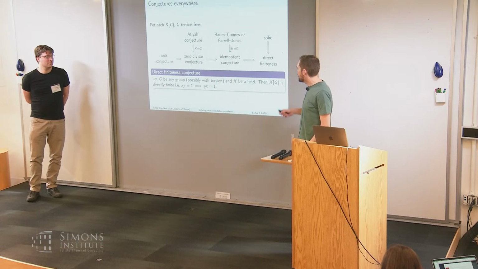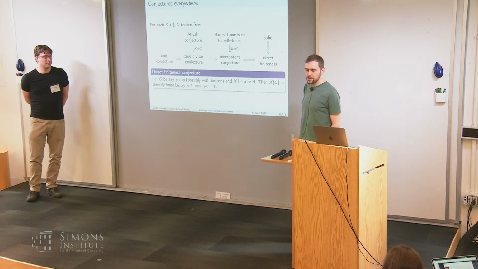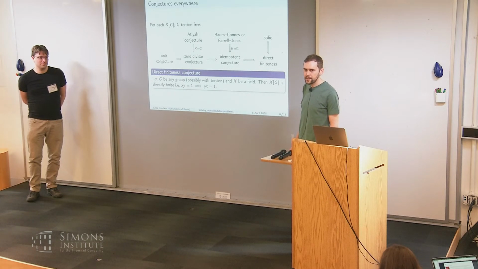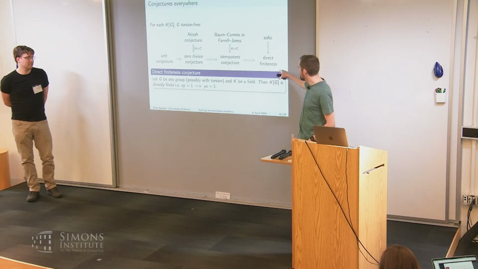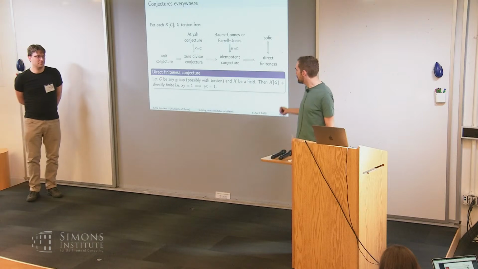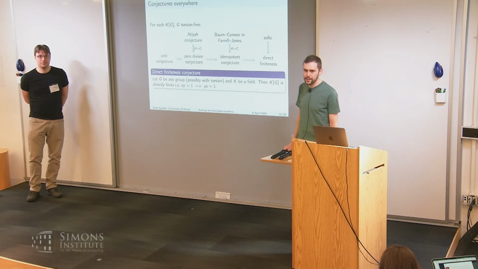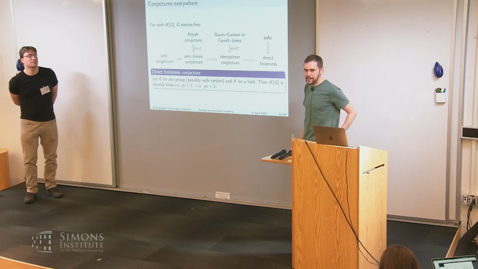It's also conceivable that the idempotent conjecture is true over the complex numbers, but false in positive characteristic. Something I didn't mention is that this direct finiteness conjecture is true in full generality if the field K has characteristic 0. There's an analytic argument for that due to Kaplansky.